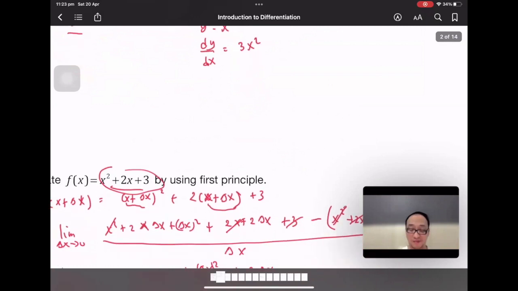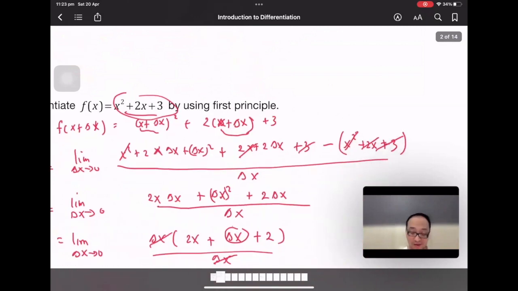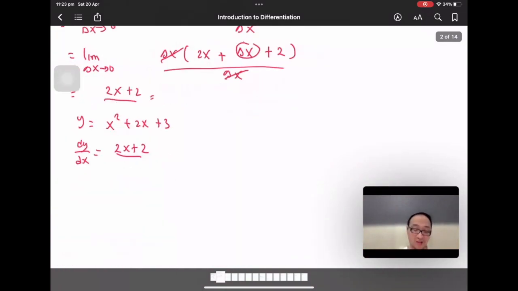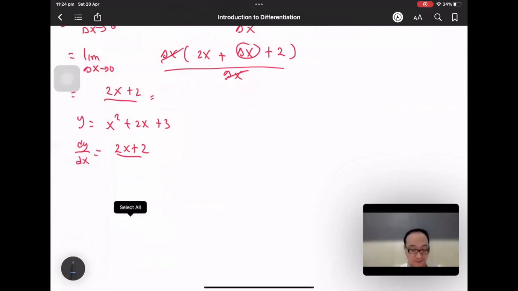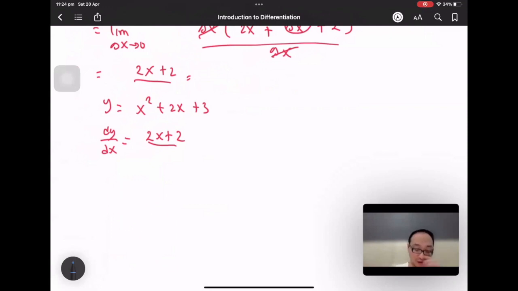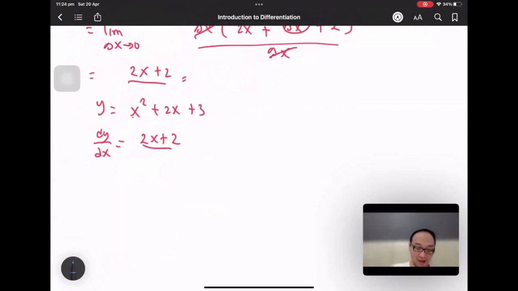And now, if f(x) equals x squared plus 2x plus 3, the derivative is 2x plus 2. So we can see a pattern here. From x squared to become 2x.